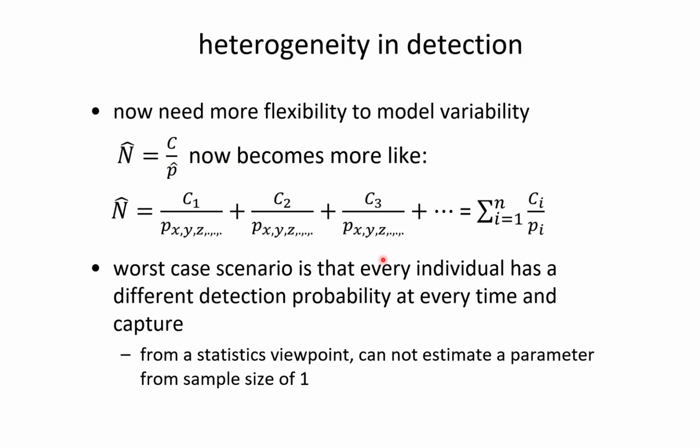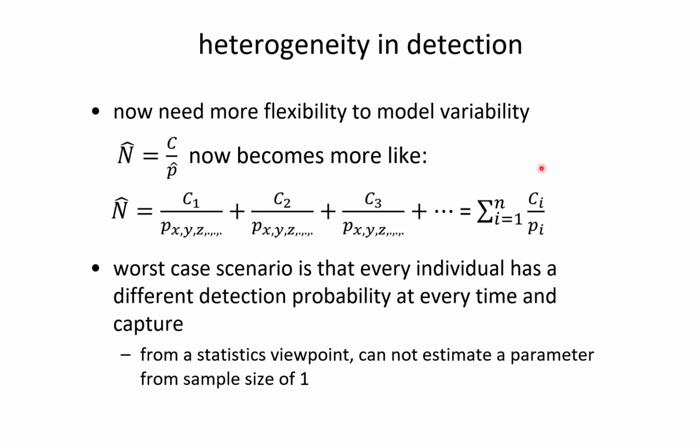In the extreme, what you might imagine is that every single individual has their own latent probability of encounter. So if that's true, then in theory, you might imagine that you would have the count for that individual divided by its latent detection probability plus the count for the second individual and so on.